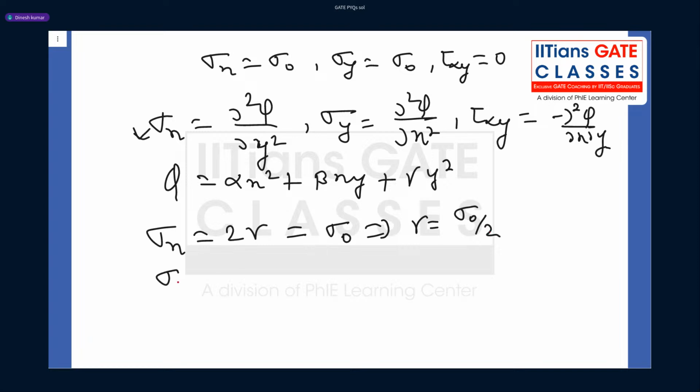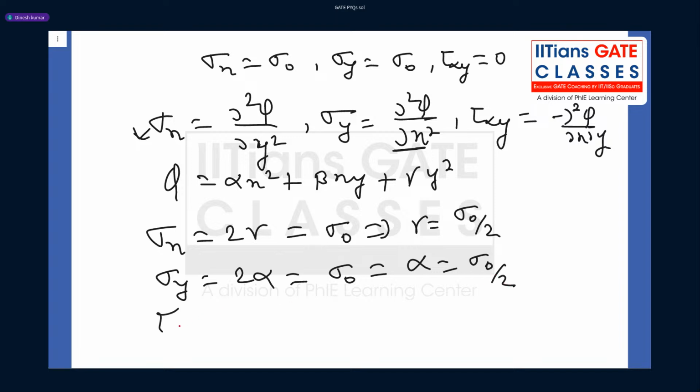Now guys, what about sigma y? When you substitute phi in this and differentiate twice with respect to x, you will get sigma y equal to 2 alpha, which is already known, it is sigma naught. So from here, your alpha will be sigma naught by 2.